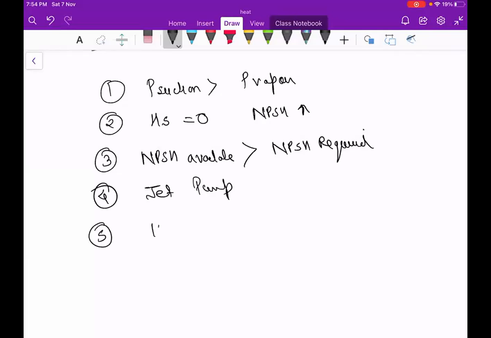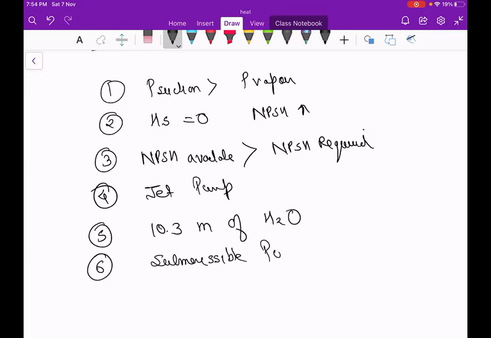Fifth, we have seen the limitation of 10.3 meter of H2O. Sixth, we have seen what is a submersible pump. These points we have covered today, and all 6 are very important. The last point remaining is the BEP, that is best efficiency point, which we are going to see in tomorrow's lecture.